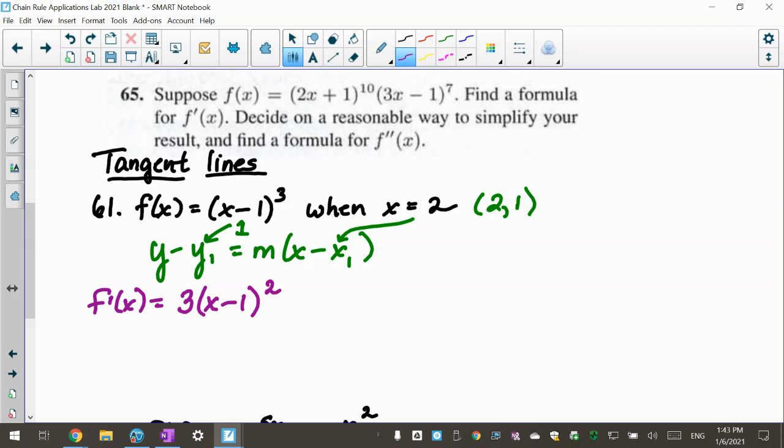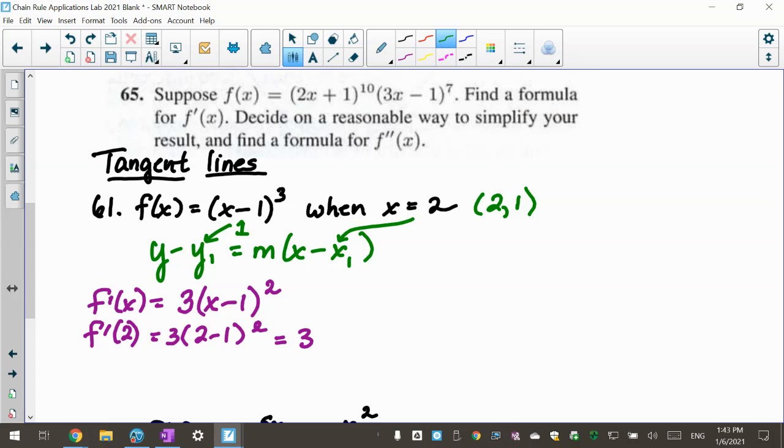And now what I'm going to do is do f prime. I'm finding the slope at 1, excuse me, the slope at 2. I didn't mean to say that. Slope at 2. Okay, so when I put the 2 in there, I get 3 times 2 minus 1 squared, or 3 times 1, or 3. So now the slope is 3.